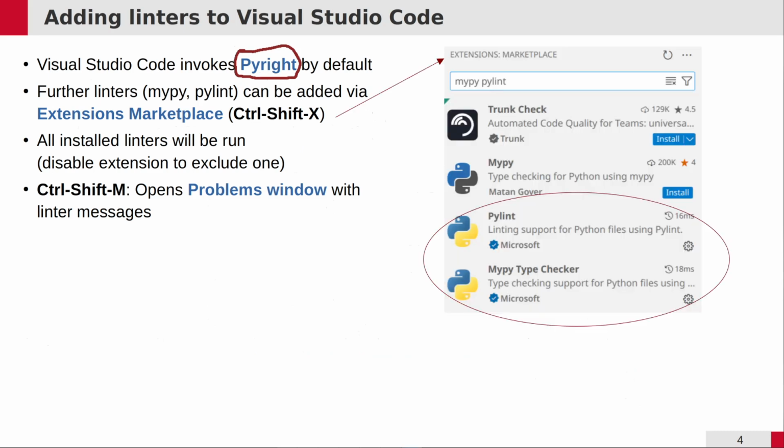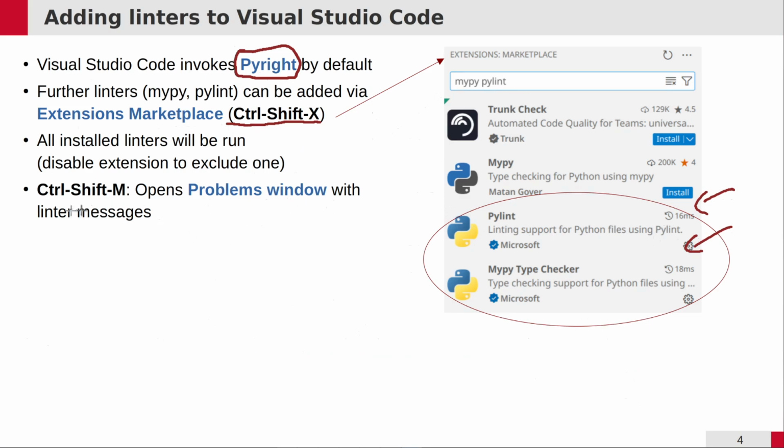You can use the extension marketplace, which you can open, for example, by pressing Ctrl+Shift+X. There you can just enter the name of the linters like pylint or mypy, and select and install them. You should maybe not install too many, because all of them will be run on all of your source code, which is okay, but can also be overkill.